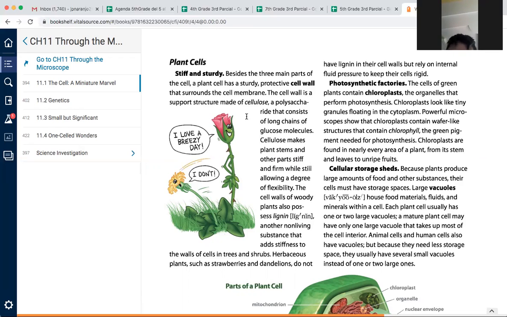The cell walls of woody plants also possess lignin, another non-living substance that adds stiffness to the walls of the cells in trees and roots. Plants such as strawberries and dandelions do not have lignin in their cell walls but rely on internal fluid pressure to keep their cells rigid.